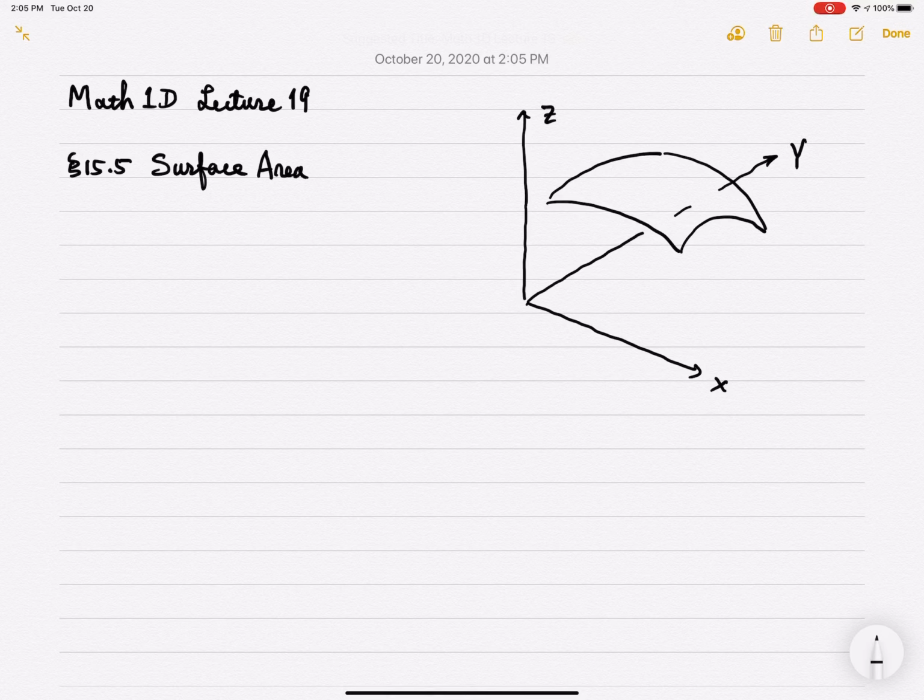We say at a point, if we do a partition, suppose this surface is over a rectangular region. So if we do a partition, we're going to have a small patch, a small piece.